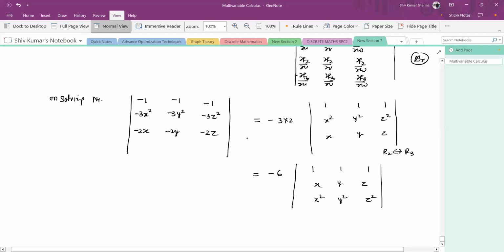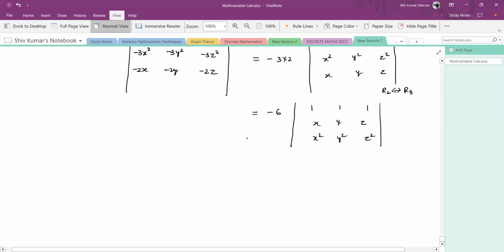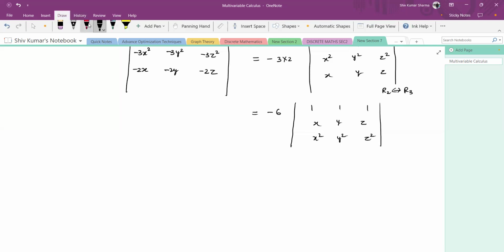Okay. So we have a direct property of determinants for such cases. You can use that property, or you can simplify the determinant. So we write down the property.